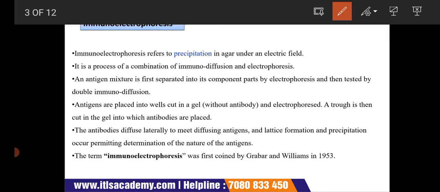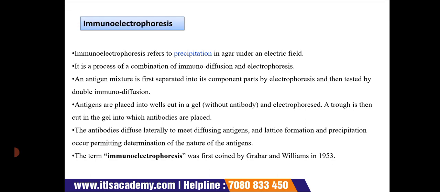Now moving to immunoelectrophoresis. It also works like the agar or agarose gel electrophoresis that we discussed in our previous lecture. You can refer to agarose gel electrophoresis for better understanding.